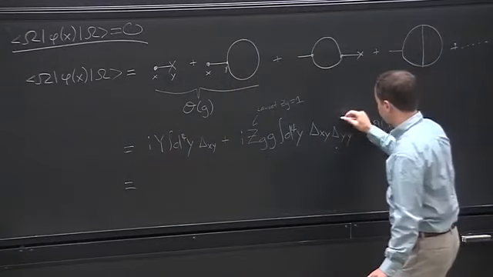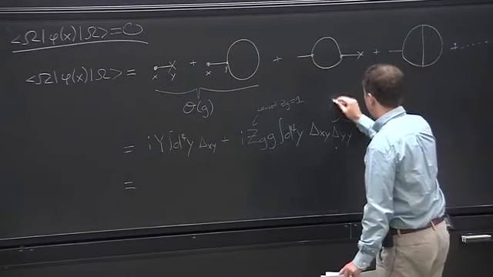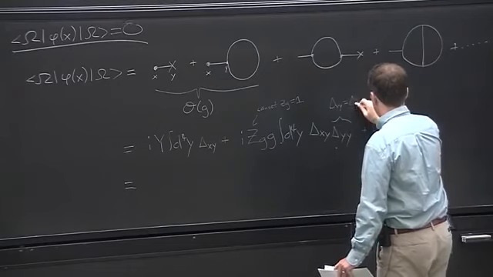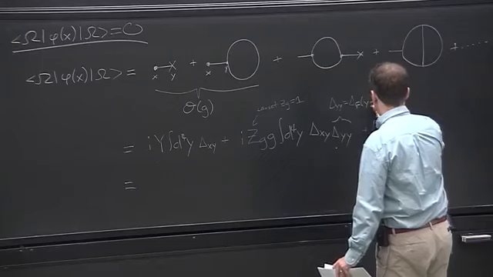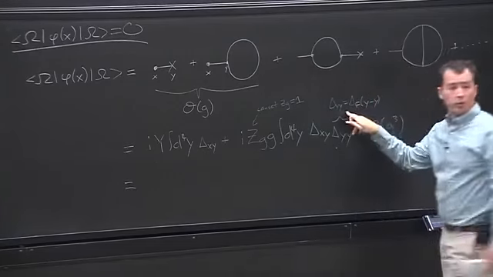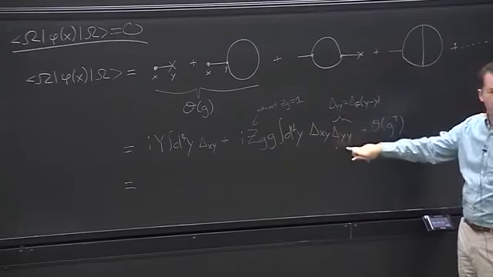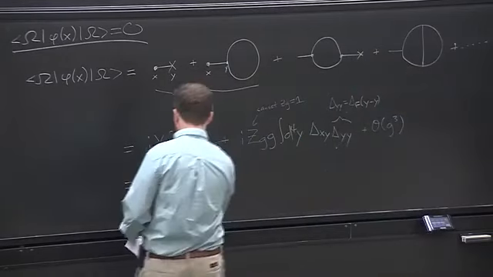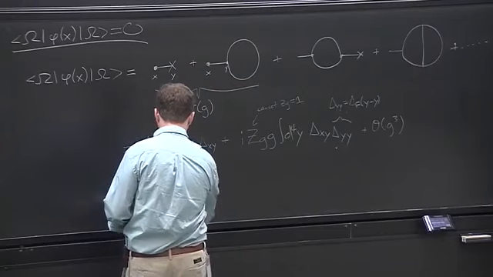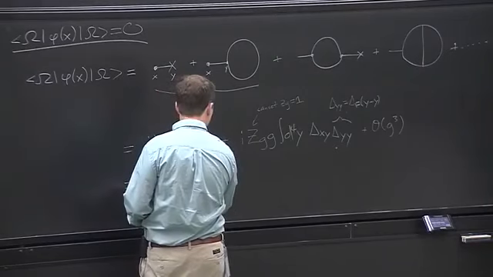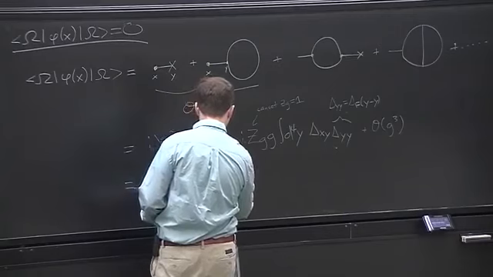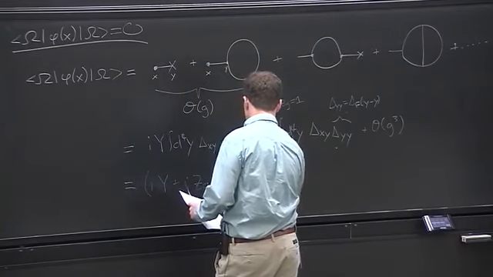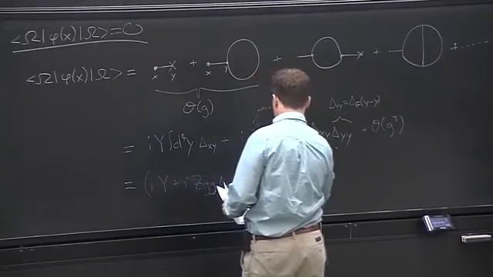Notice that this Feynman propagator here is delta f of y minus y, because the Feynman propagator is translation invariant. So this is actually independent of y. So we can pull this out of the integral. So what we get is iy plus i zg g times delta f of 0 times this integral.